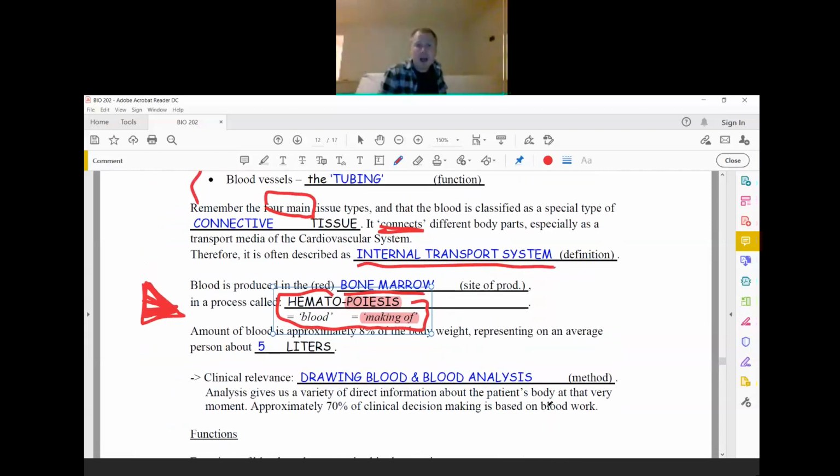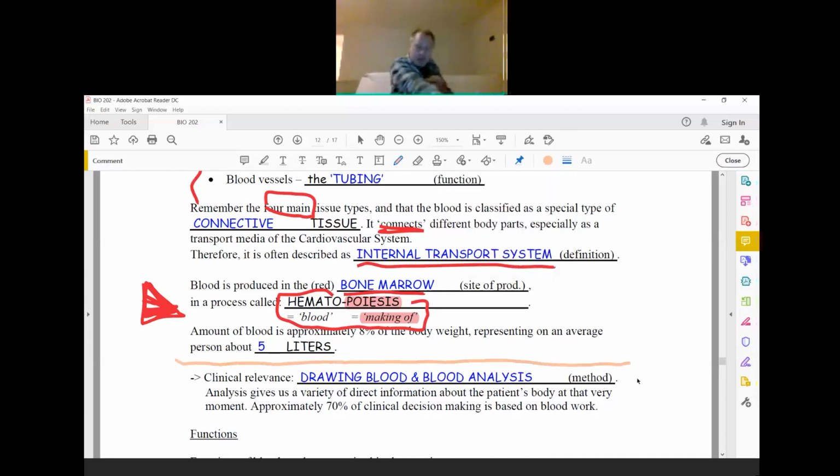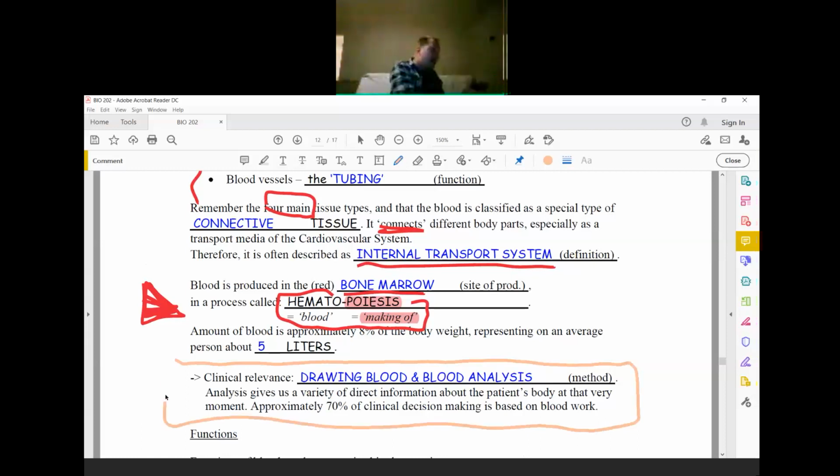Kind of also setting our scene, there's about 5 liters of blood in a human body. And the reason why we need to go through this chapter about blood and why blood is so important, if you're heading to a field of healthcare, nursing, you're thinking of medicine, dentistry, various different fields where you can go, is that drawing blood from a patient and then analyzing what's in that blood is probably the most common test that we do in clinical work.